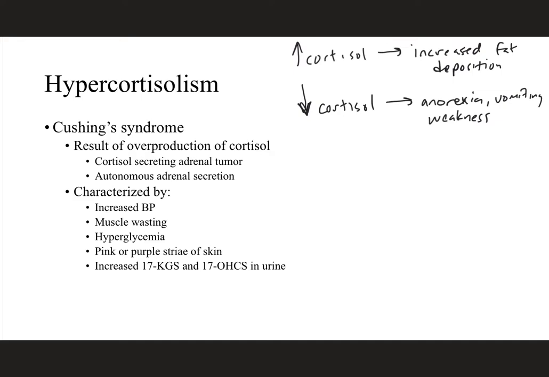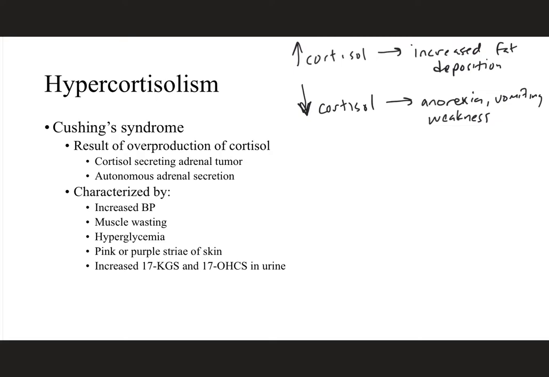Hypercortisolism we attribute to something called Cushing's syndrome, which is basically overproduction of cortisol. There's either a cortisol-secreting adrenal tumor, or there's something called an autonomous adrenal secretion where it's just kind of going on its own.